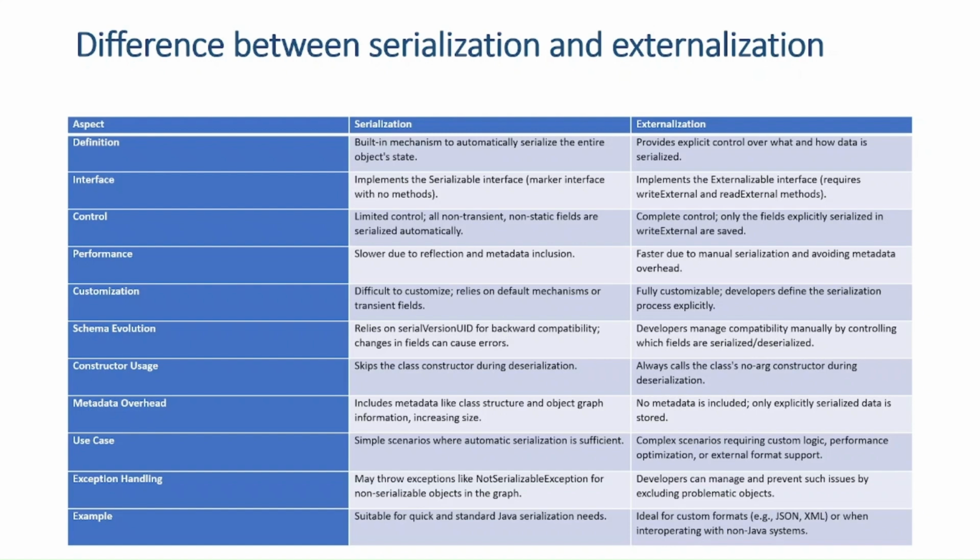So if your class A contains an object of class B, and class B has not implemented Serializable and you have not marked that object as transient, then when you are serializing your class A, an exception would be thrown. In case of externalization, the developer can manage and prevent such an issue by excluding the problematic object.